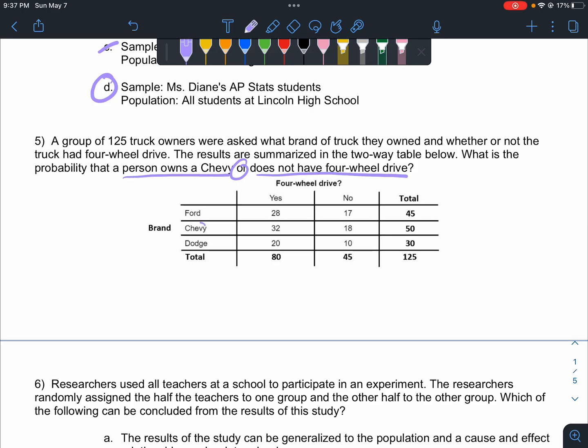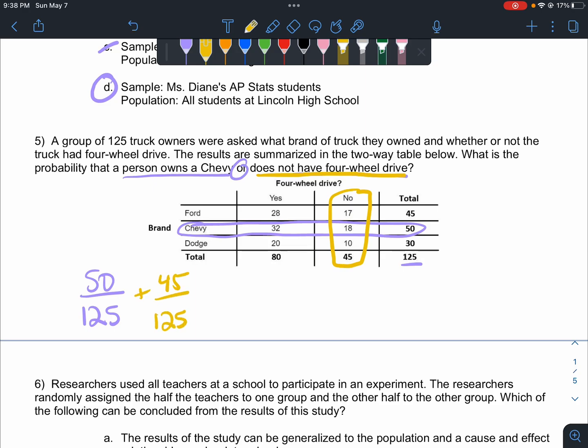So that is this row right here. You have 50 people out of a total of 125. And then we want to look at how many people do not have a 4-wheel drive. So that's my no. That's 45 over 125.